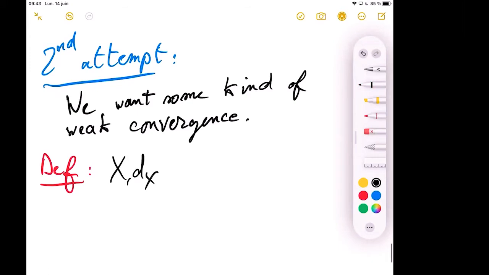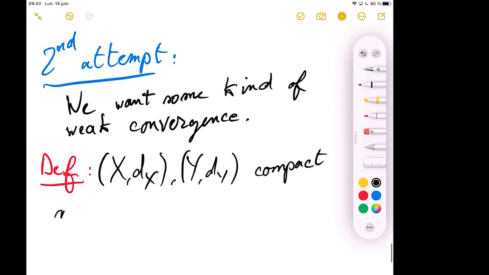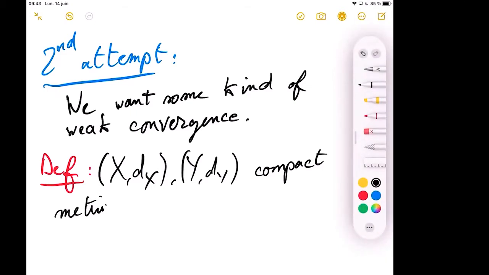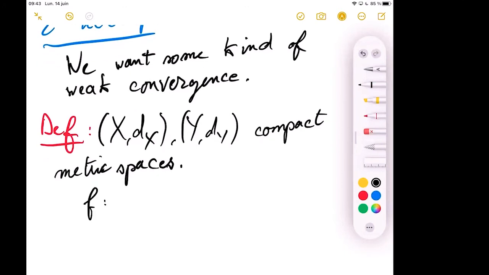We take (X, dX) and (Y, dY) to be compact metric spaces. Let epsilon be some positive real number.